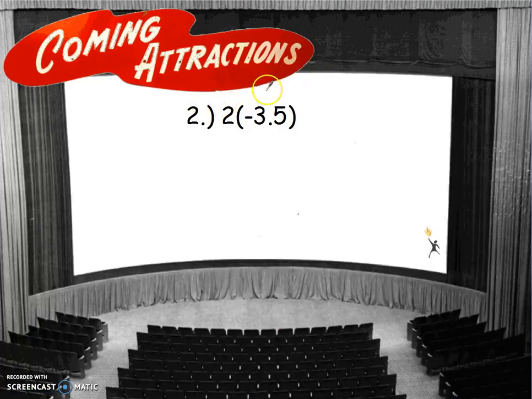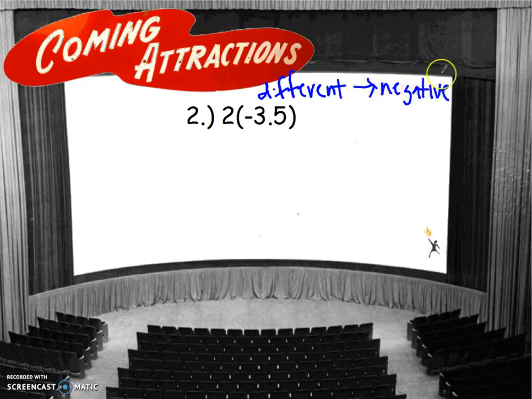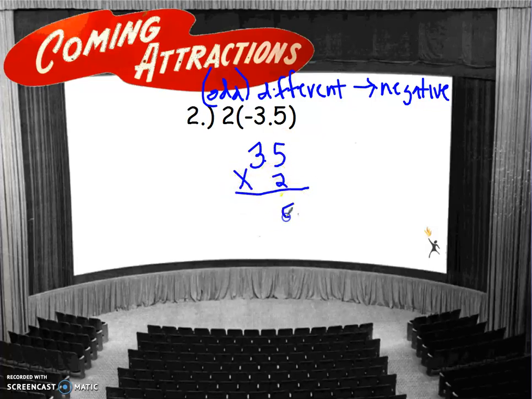All right, let's take a look at number 2. The signs are different, so the answer is going to be negative. Also, there's an odd amount of signs. Okay, we do not have to line up the dot. We're just going to pretend like we're doing 35 times 2. 2 times 5 is 10. 2 times 3 is 6, plus 1 is 7.